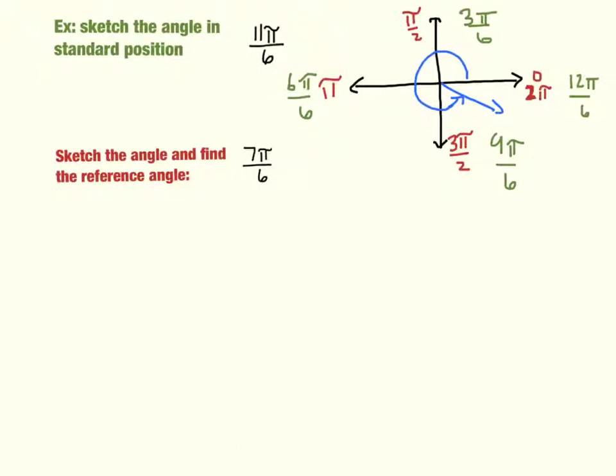All right, so now we're going to sketch the angle and find the reference angle for 7 pi over 6. So this is kind of nice since we've already changed all of our units to be divided by 6. It's easier for me to see that 7 pi over 6 will be just past 6 pi over 6. So in standard position, I'm right over here at 7 pi over 6.